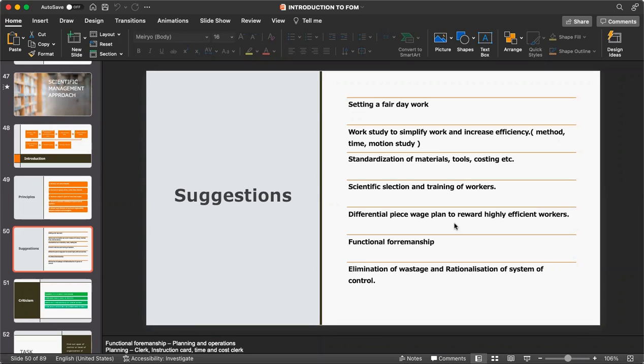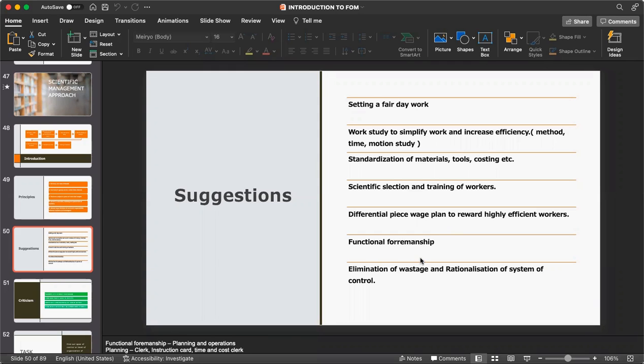So a particular person who is more efficient in comparison with the others must be paid on the higher side. I mean, they must have a higher bonus, higher increment in the company. A person who is highly efficient must be rewarded on the higher side.